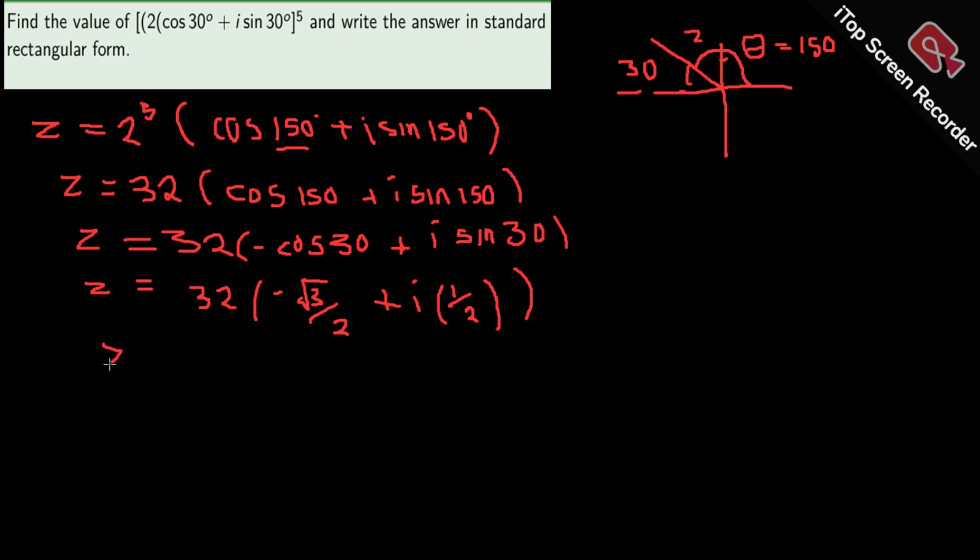Okay, so from there, 32 times the root of 3 divided by 2 will get 16 root of 3. And this side, we're just going to get imaginary unit times 16. But I prefer writing it in this way.